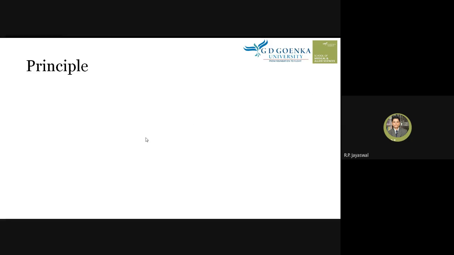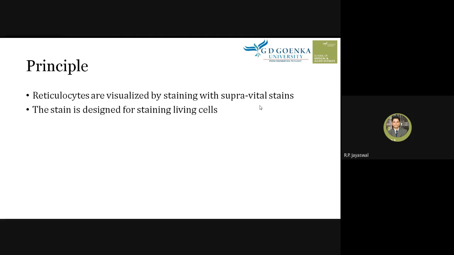Okay, principle of the method: the reticulocyte count is based on supravital staining, where reticulocytes are visualized by staining with the supravital stains. What is the meaning of supravital stain? Here, the stain is designed for staining living cells. So we should take the fresh sample and mix the blood sample with the stain.